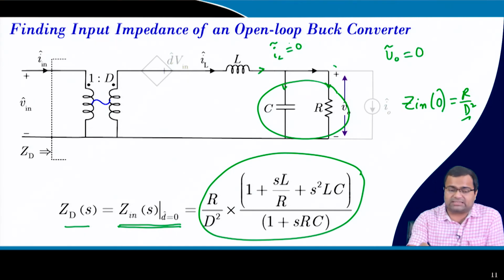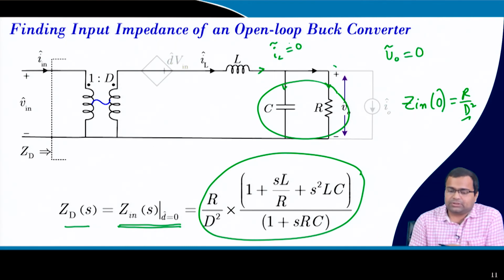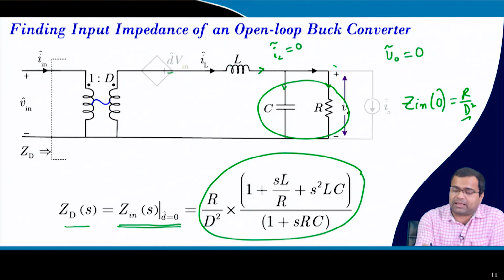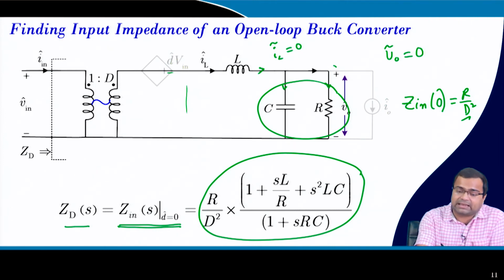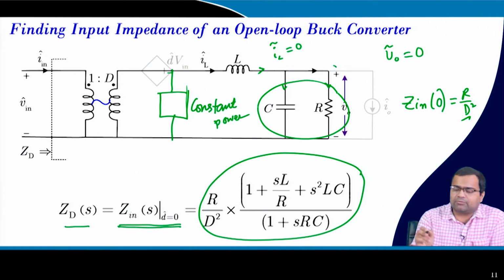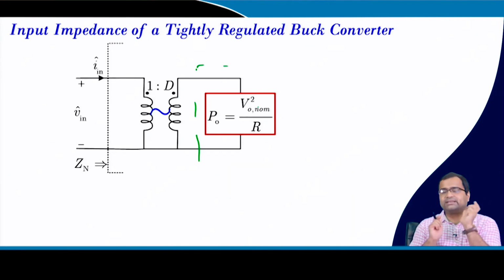I am not talking about this case, I am talking about the next case. So, this whole model will appear, but it does not mean that it will be a short circuit, because it is still drawing current, because voltage is tightly regulated. In that case, it will appear like a constant power load, right, because your power is constant for a given resistive load, output voltage is constant, and this is exactly what we do.